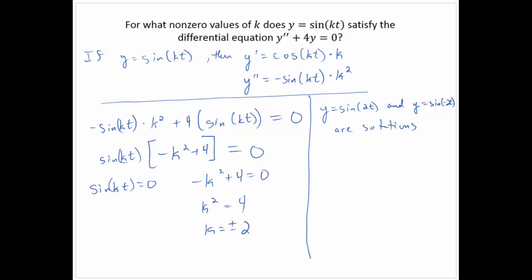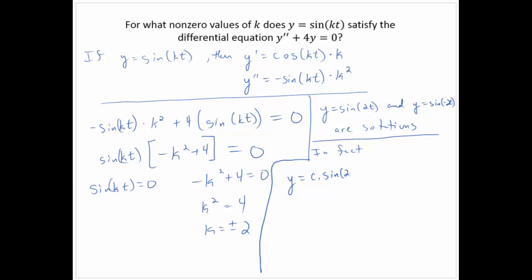And in fact, y equals c1 sine 2t plus c2 sine negative 2t is a general solution.